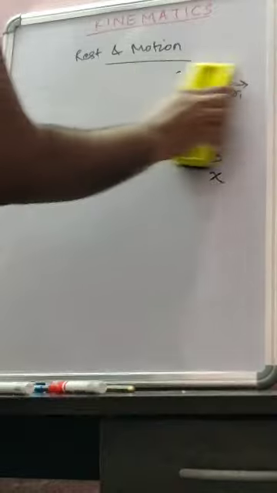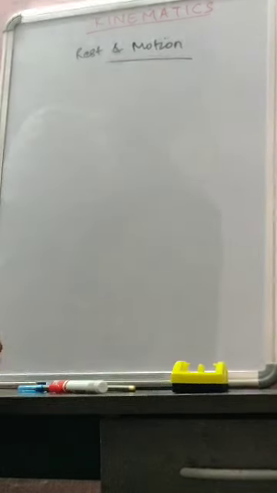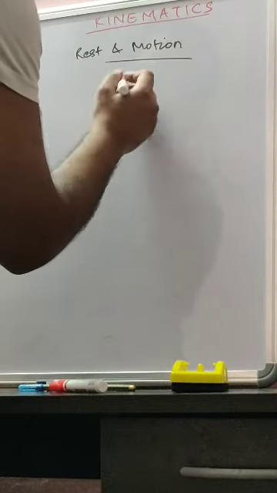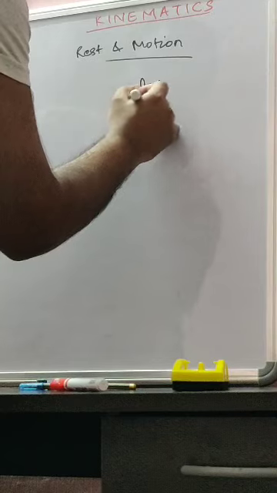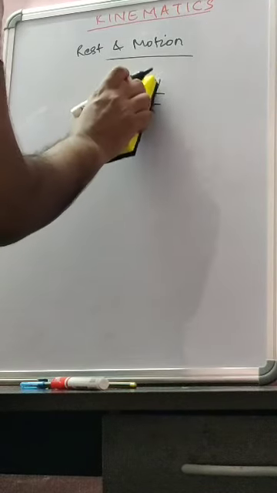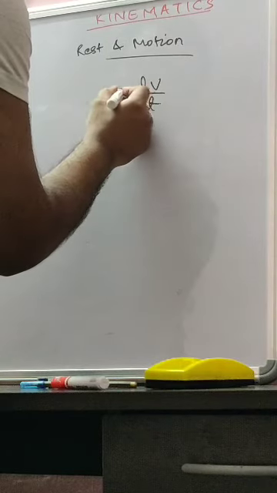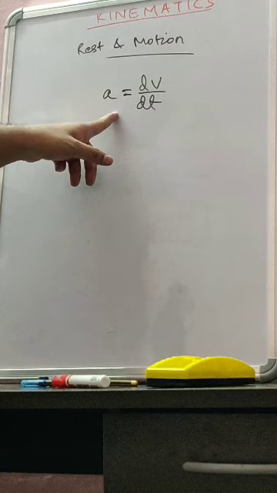Now what is acceleration? Acceleration is dv by dt, the rate of change of velocity with time. Now suppose acceleration is a constant.